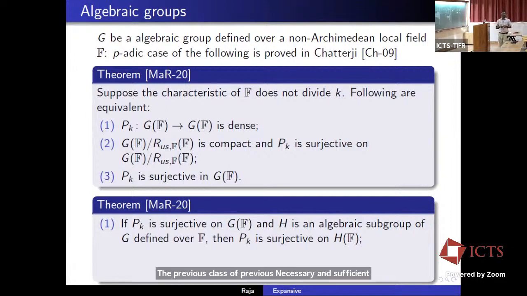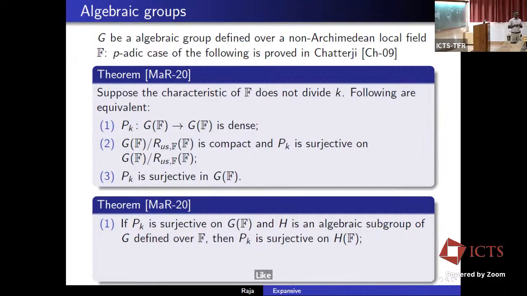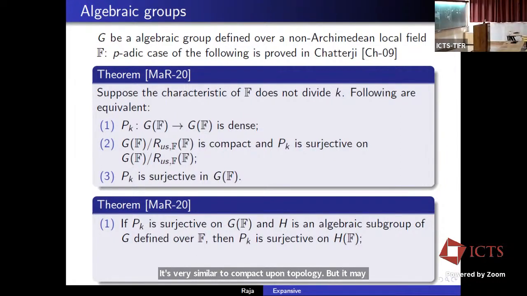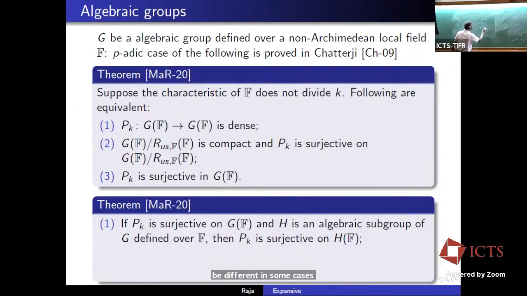Yeah, any other questions? The scale is not continuous. That is called the Braconnier topology. I'll write it down. It's very similar to the compact open topology, but it may be different in some cases. It considers one more set of bases.